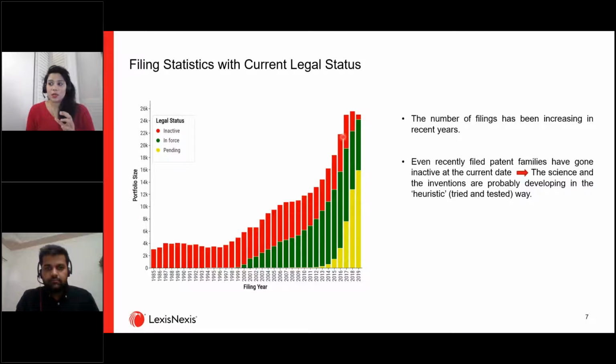So the first thing that you see in a filing statistic graph when you slice it by the legal status is this kind of an indication that this is not yet a field that has seen it all. It is open and it is currently having a huge amount of innovation going on. Once we understand this, we move ahead.